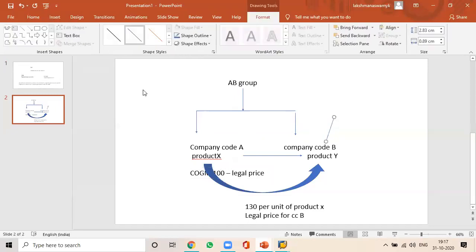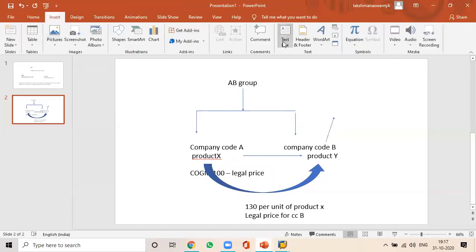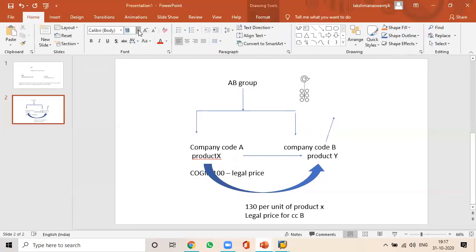So in this case, in company code B, product X is to be valuated at 100 only.